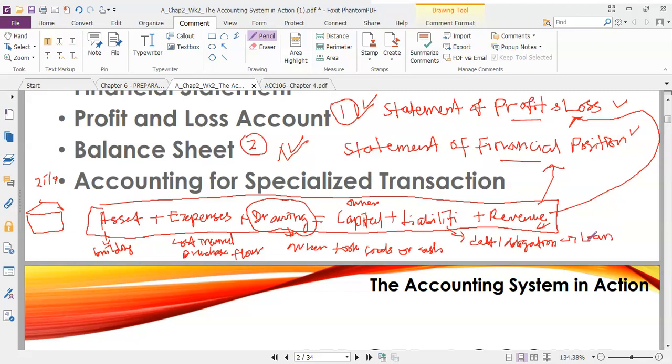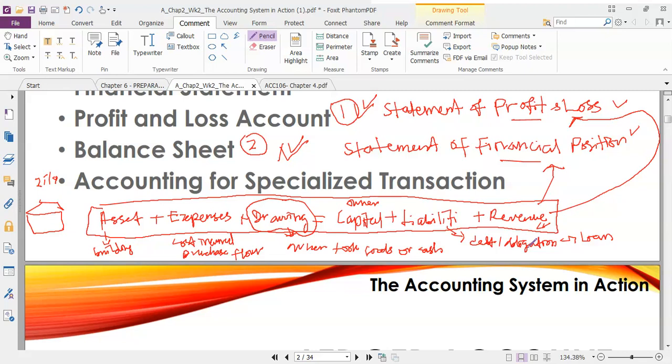Means that, for example, if you as an owner ada buat hutang dengan supplier. For example, kalau business bakery tadi, Zila ni dia tak ada duit yang cukup untuk bayar supplier tepung, supplier barang-barang bakery untuk buat kek dan roti. Dia tak ada cash yang cukup untuk bayar supplier RM5,000.